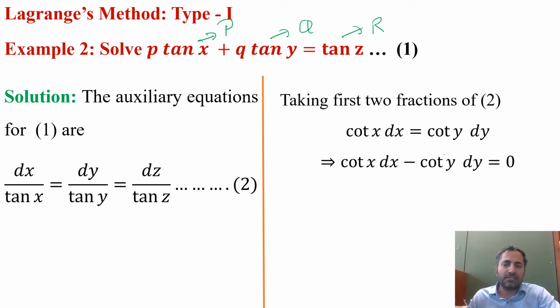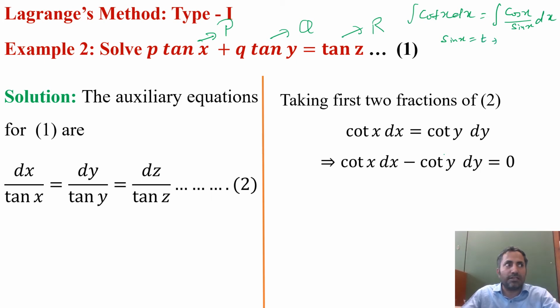or cot x dx minus cot y dy that we get. By integrating, cot x dx is roughly, I can show you, otherwise you can revise your integration if you have a problem in the integration. Integration of cot x dx is the integration of cos x upon sin x dx. So you can select sin x equals t.